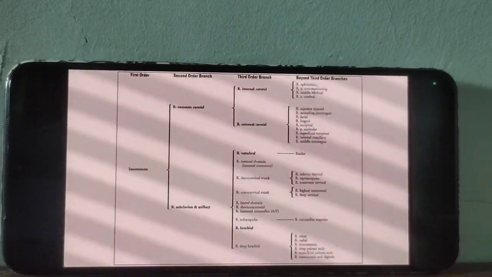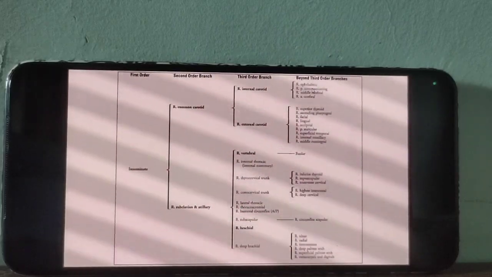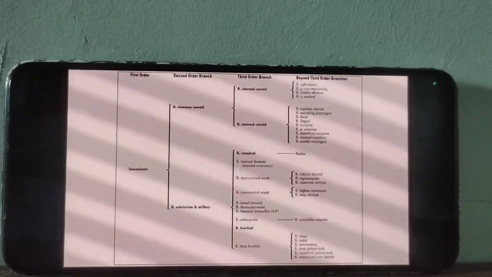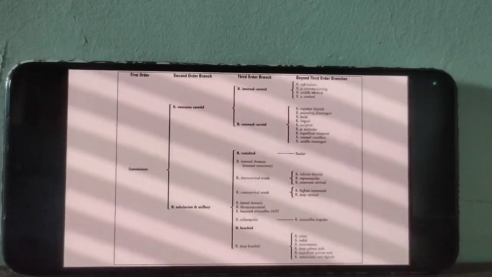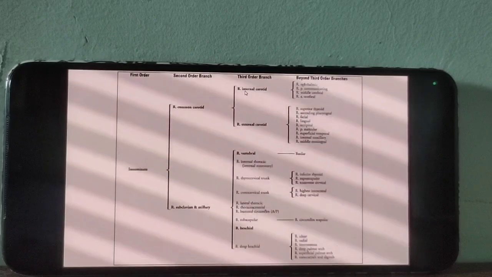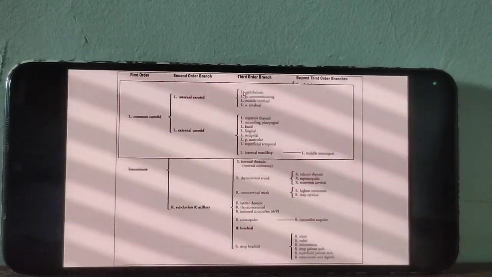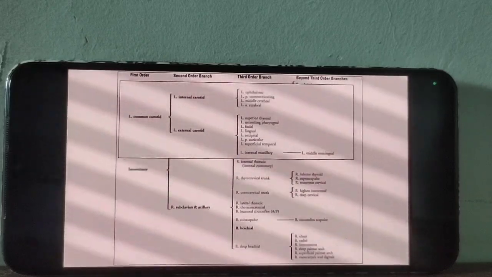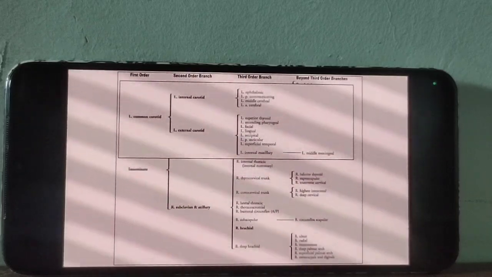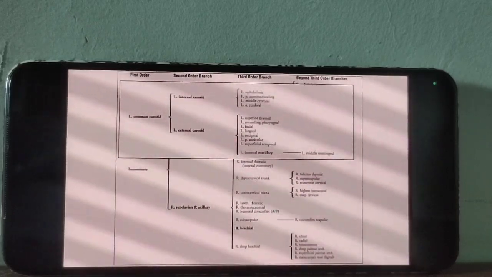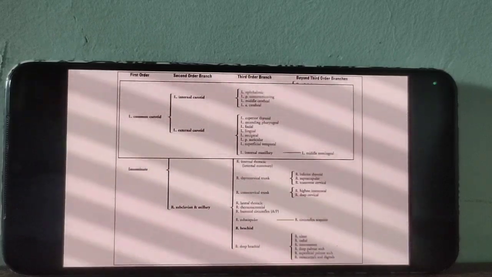These are beyond the third order. And is this chart there in the CPT book, ma'am? Yes, this Appendix L is present in our CPT book also. Okay, good.